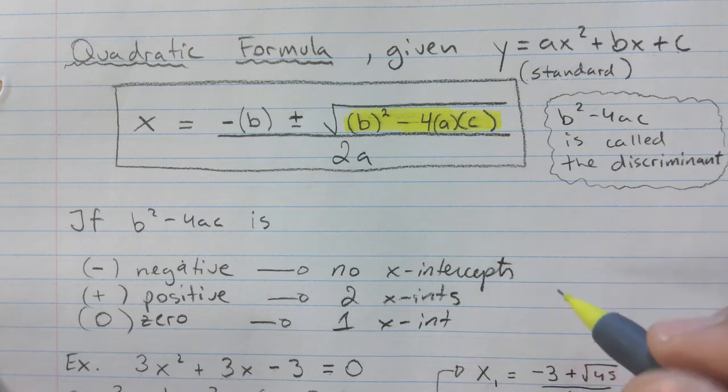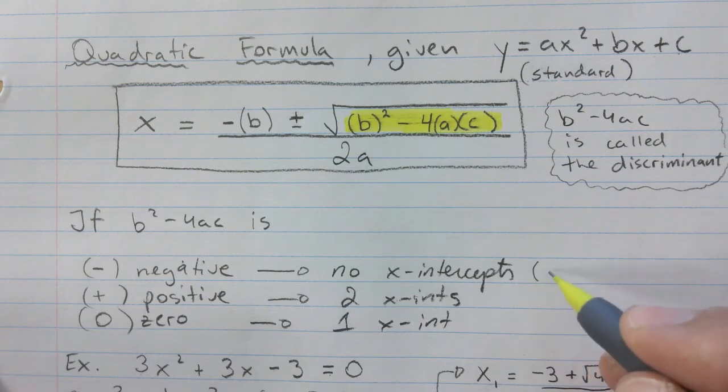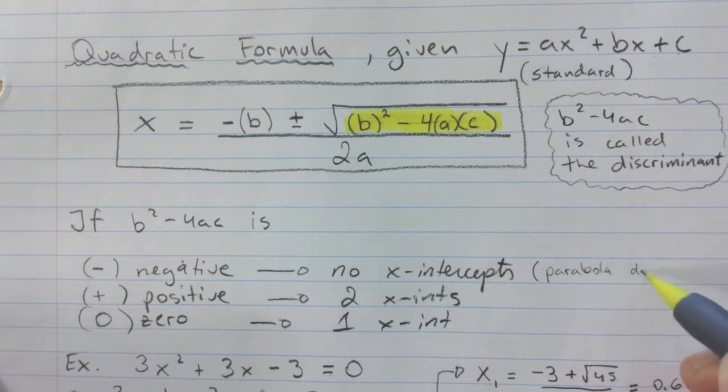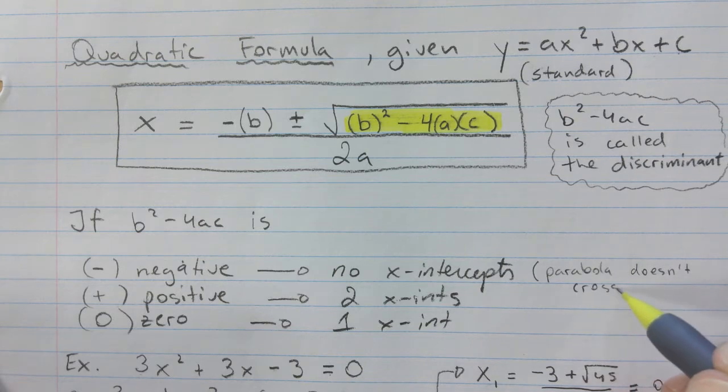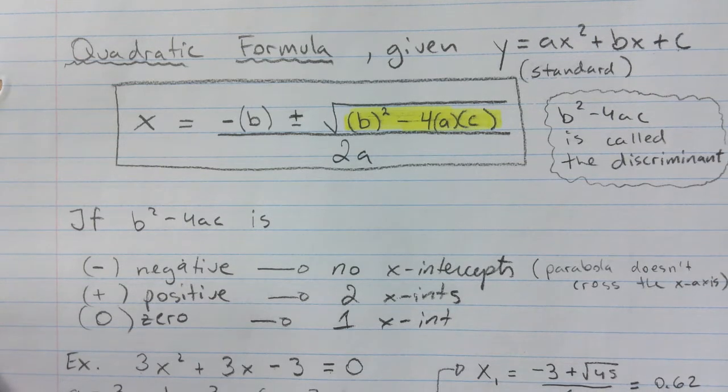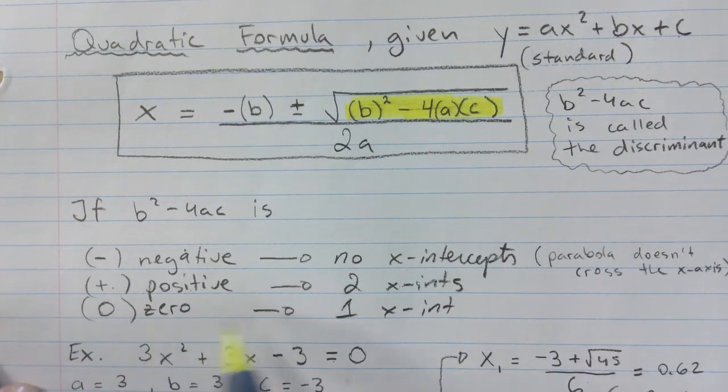Parabola does not cross the x-axis, right? Essentially, visually, it's because the parabola doesn't cross the x-axis. If it is positive, so anything that's bigger than 0, you're going to have two x-intercepts. If it's exactly 0, of course, only one x-intercept.